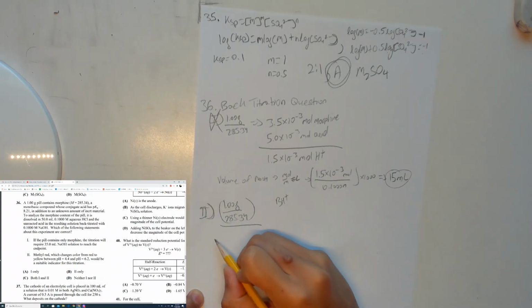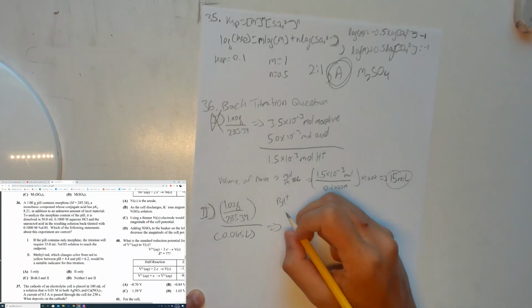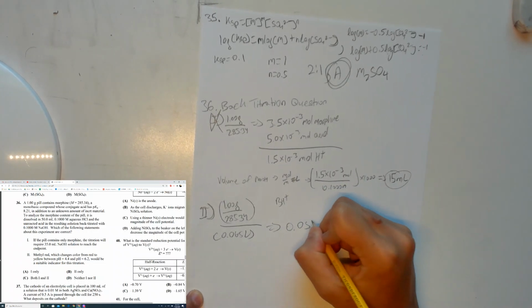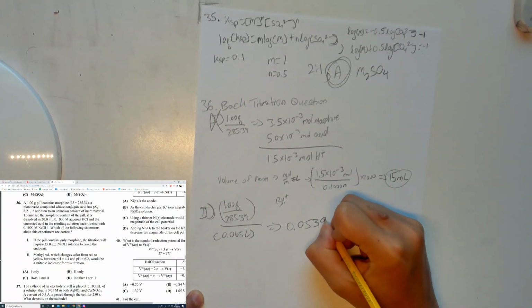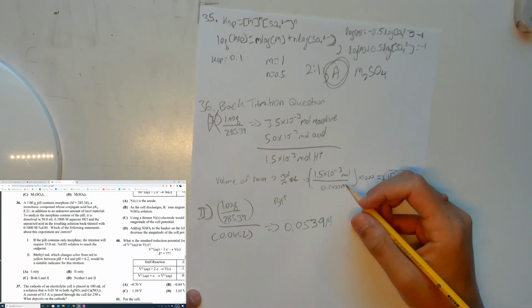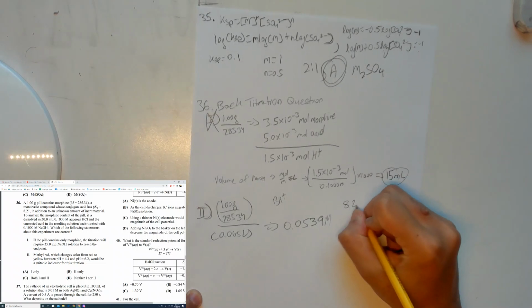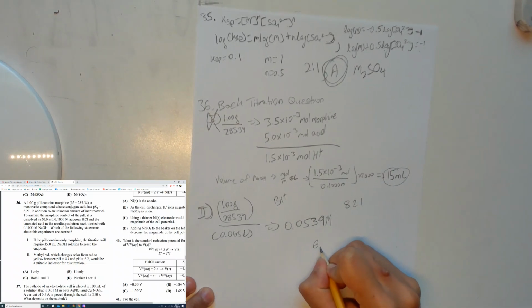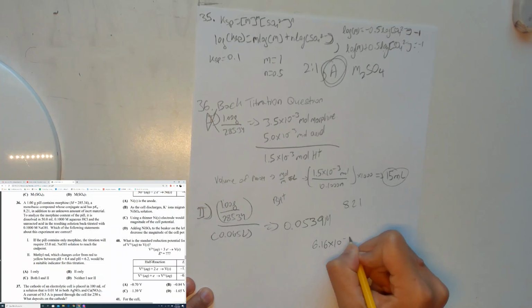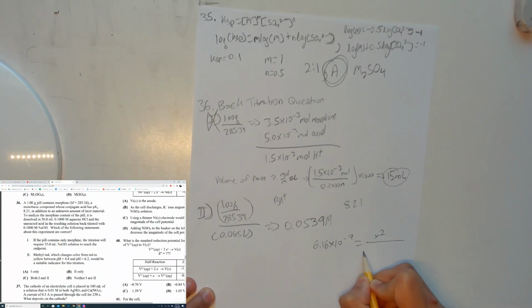So we're going to divide this by 0.065 liters, and we will get 0.0539 molarity. Now from this you can calculate the pH. Using the pKa of 8.21, you're going to find the Ka, which is this.